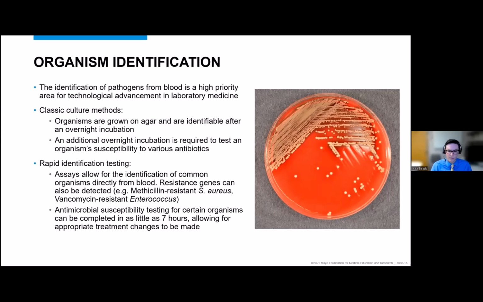It doesn't require growth. We're looking for nucleic acid, genetic material of the organism present in that blood culture bottle. We can look for the common organisms that are causing bloodstream infections, and we can also look for resistance genes so that we can report out things like methicillin-resistant Staph aureus and vancomycin-resistant Enterococcus. We can do that within just a couple hours of that blood culture bottle being positive.